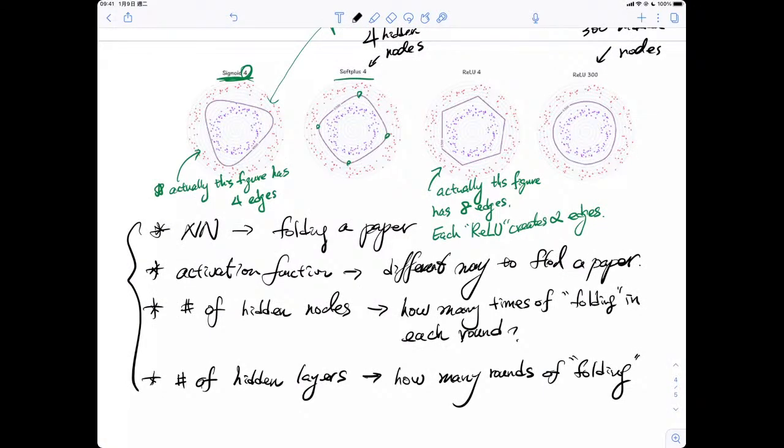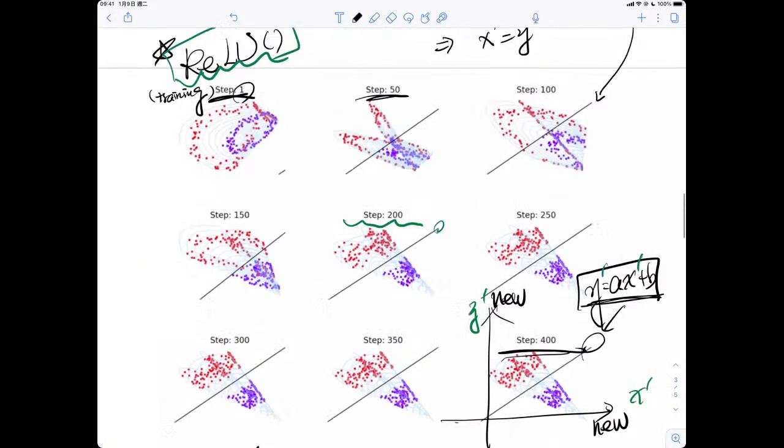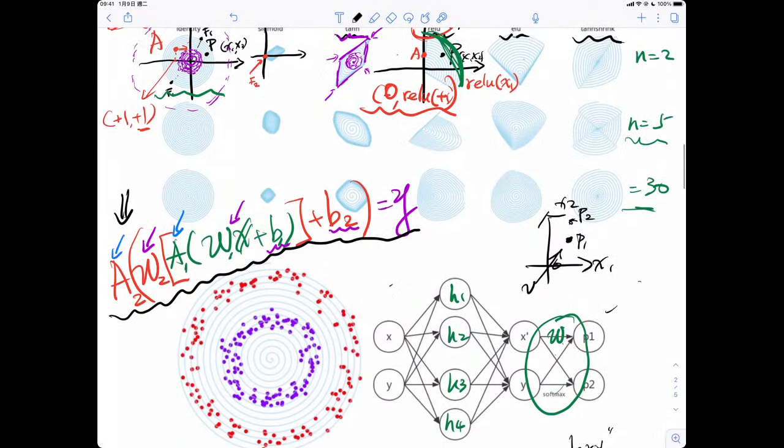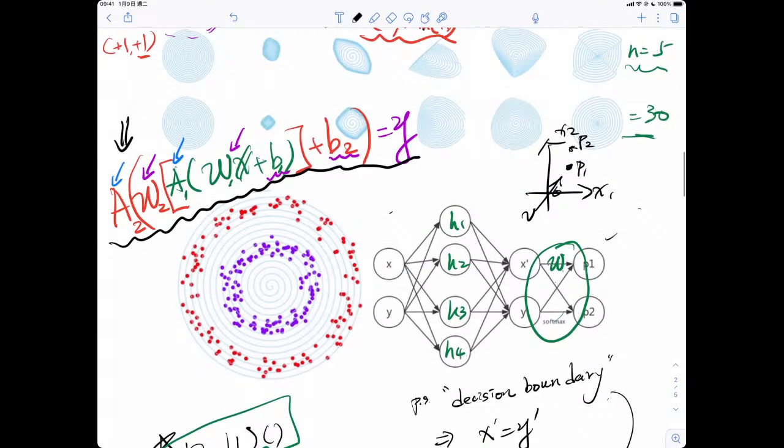Try to comprehend the mathematical form. That A2 W2 A1 W1 X is the mathematical form of your neural network, and the right-hand side is the network form of your network.